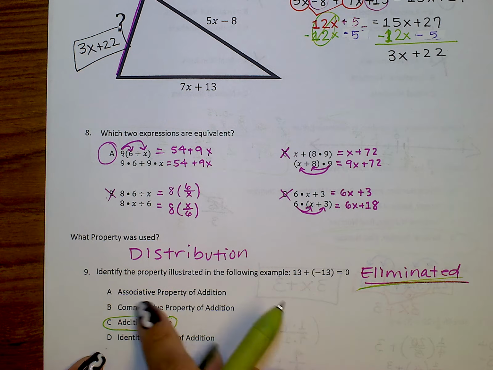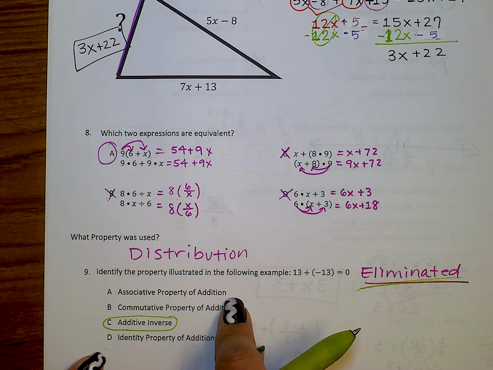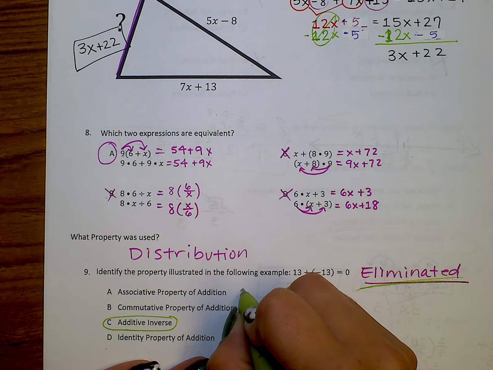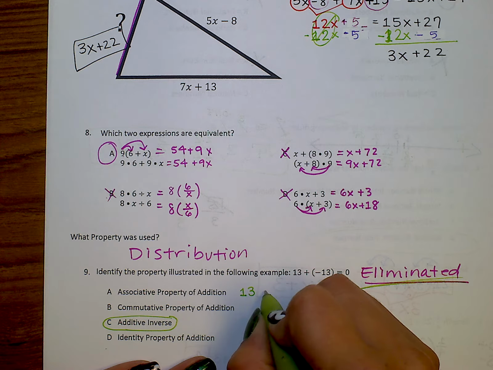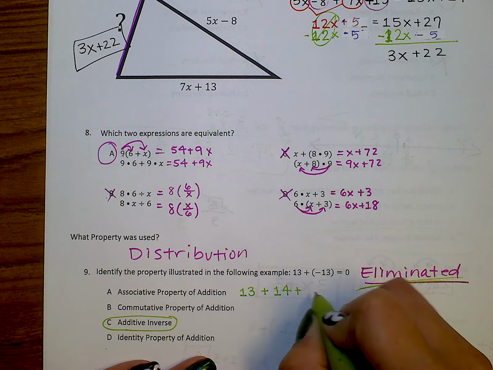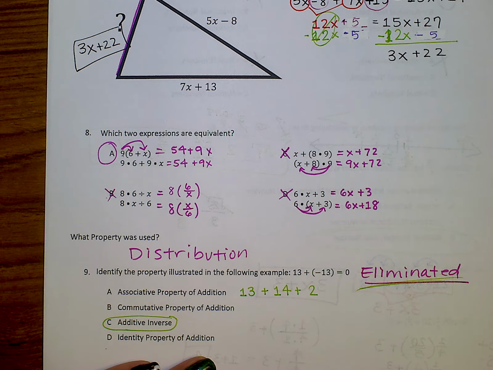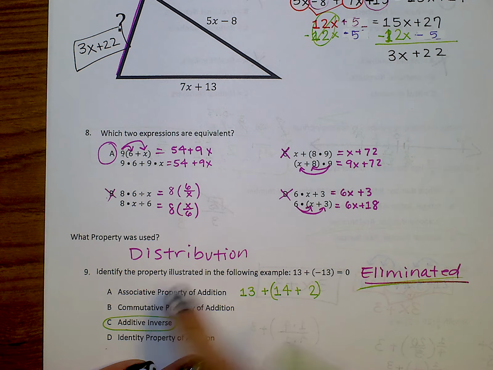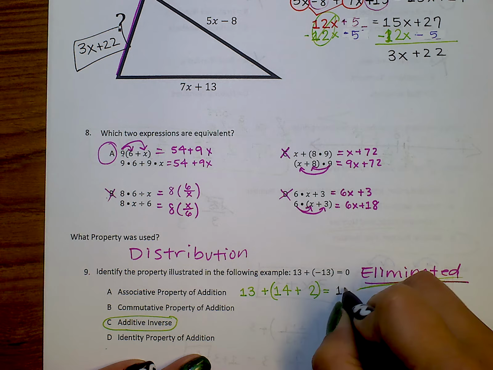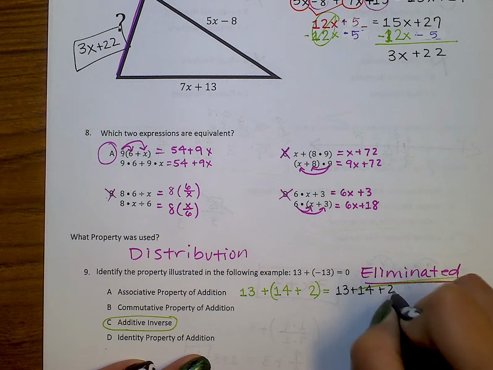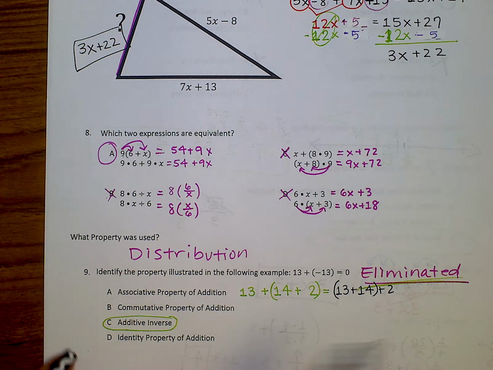In comparison, if I had associative property of addition, associative property of addition would be something like 13 plus 14 plus 2. And the associative property would say that that's the same as you move the parentheses.